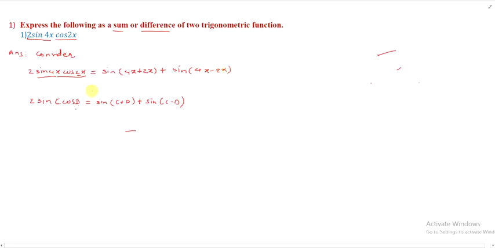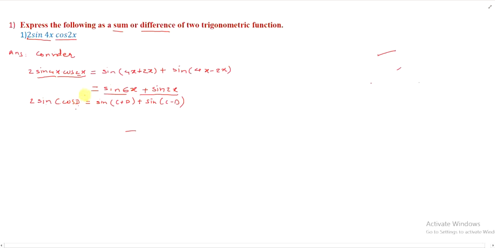Therefore, it is equal to sin 6x plus sin 2x. So, this is our required answer, which is very easy, and within 2 steps we can finish it.